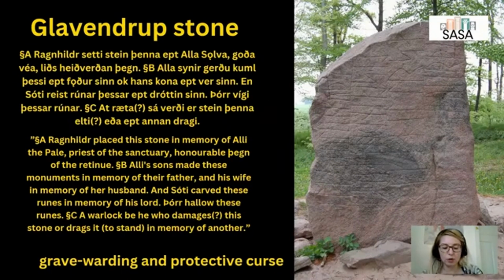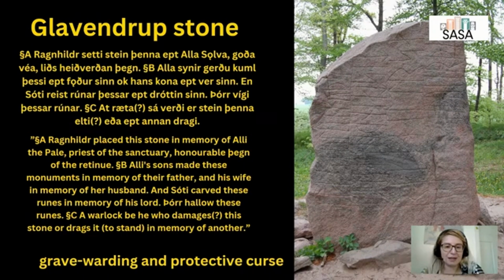Okay, let's continue with more Danish memorial stones, this time from Klaventrop. It's also a very interesting stone. And this stone was placed by someone called Ragnhildur in the memory of a priest of a temple or a sanctuary, or something of the sort.